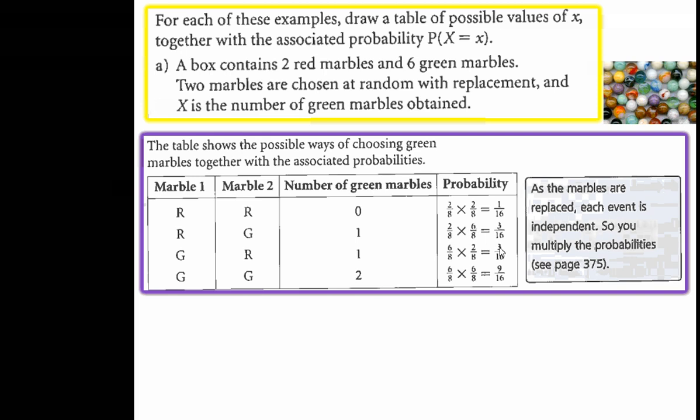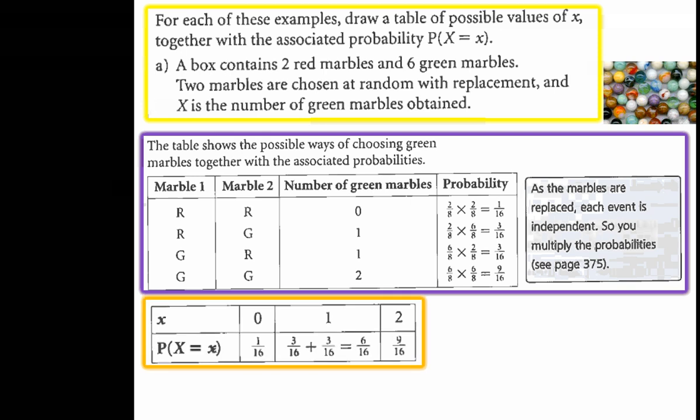They can both be divided by 4, so that simplifies. Same thing with 6/8 times 2/8, it simplifies the same way. Green green, you get 6/8 times 6/8, which is 36 over 64. You can divide the top and bottom by 4. So multiply the probabilities. This is a bit of a review of earlier basic probability. And so that's a rough working out.